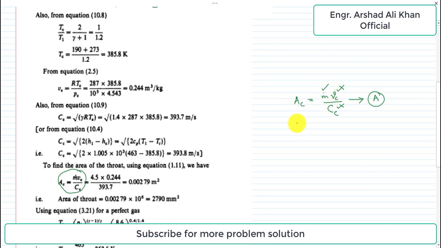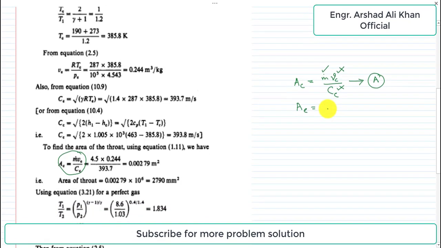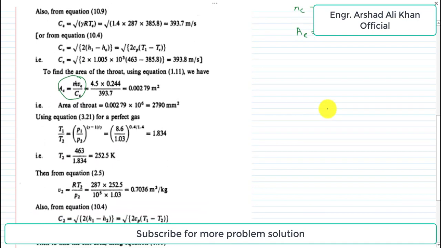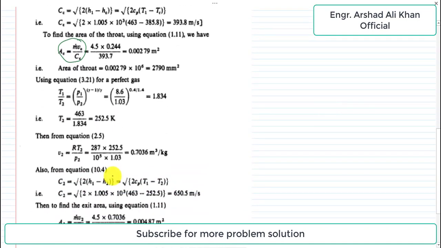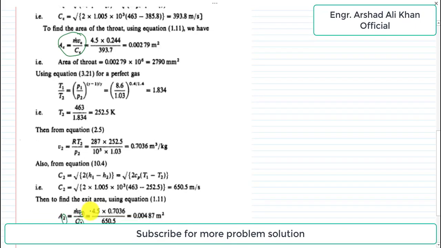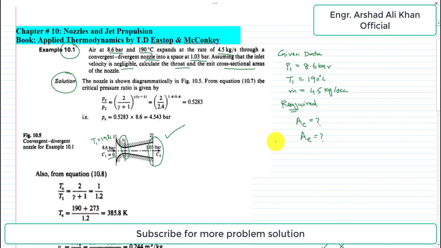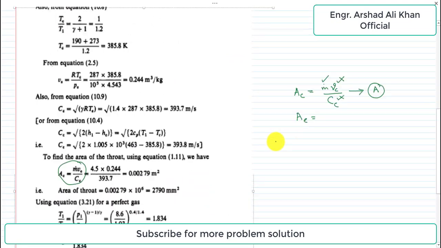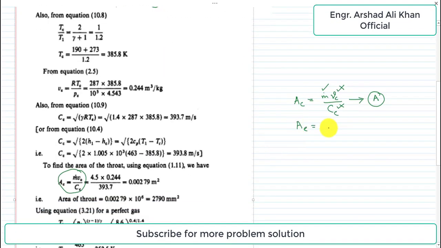Again, if we are interested to find the exit area, we will modify this expression, and that is AE is equal to, simply C will be replaced by E, exit or cross section 2. This is basically the expression used for cross-sectional area calculation: m dot V2 by C2.